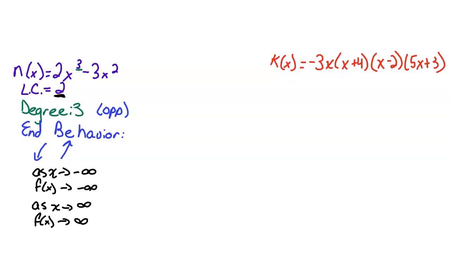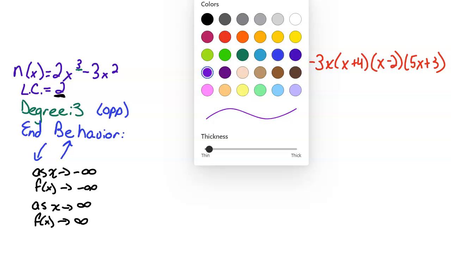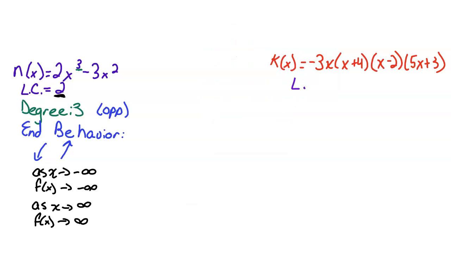Okay, this one, remember the leading coefficient and everything's a little bit different. So here, the leading coefficient, remember we have to take into account the leading terms of each factor. So we have a negative 3 times 1 times 1 times 5. So that's going to give me a negative 15 for my leading coefficient.